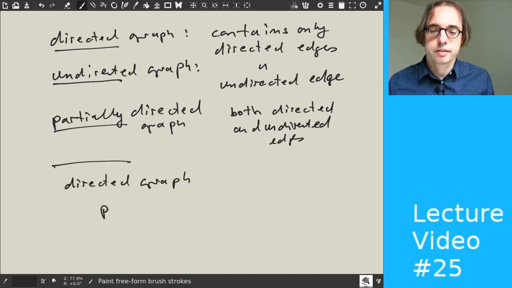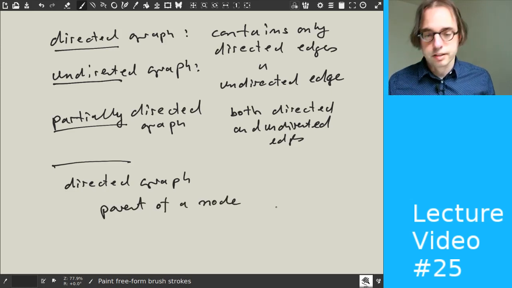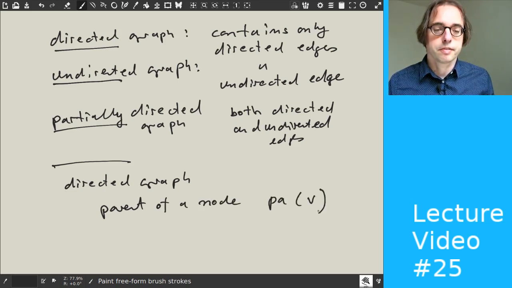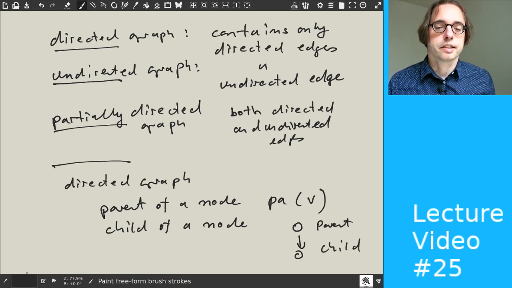We have the parent of a node, and that's written pa for parent, and then v for vertex, and we have the children of a node. That's the opposite. When we have this relationship, this would be the parent and this is the child. So it's just like in a family tree.